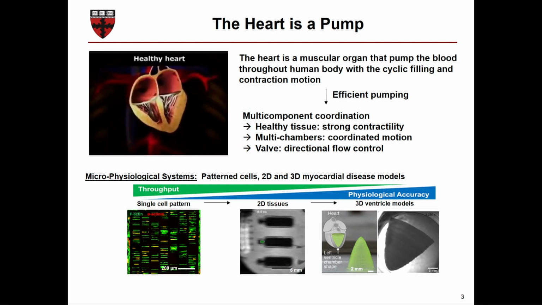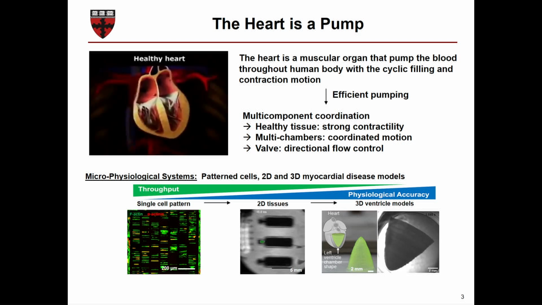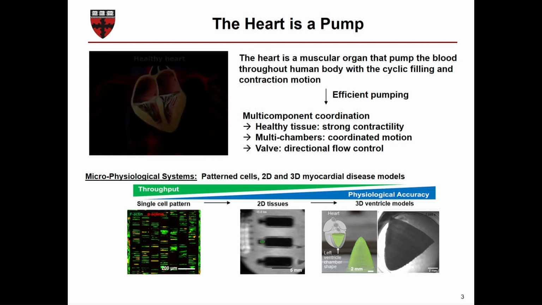For example, cardiac tissue has a very hierarchical structure within this 3D chamber-shaped ventricle or atrium, and the ventricle or atrium has a coordinated motion so that they pump the blood efficiently. And there is a valve between those atriums and ventricles that allows directional flow control, so that the blood circulation occurs in one direction.